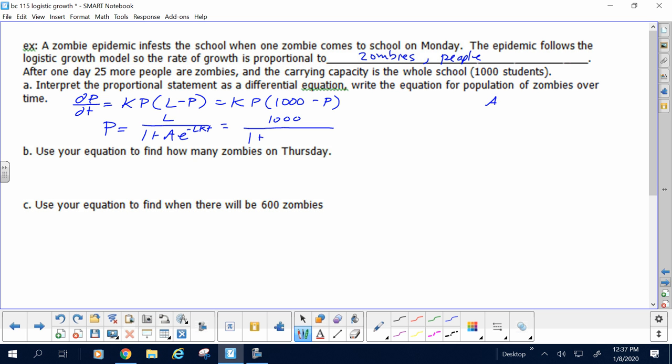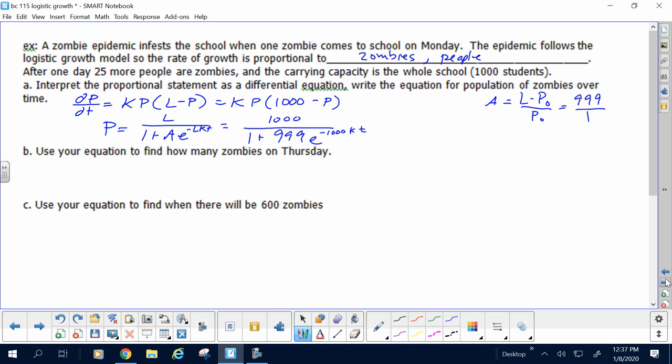Let's go over to the side and find A. A is uninfected or non-zombies at the start to zombies at the start. So what's the zombies? 1, to non-zombies, 999. Okay, so A is 999 at time 0. E to the negative 1,000 K t, and I don't know K.